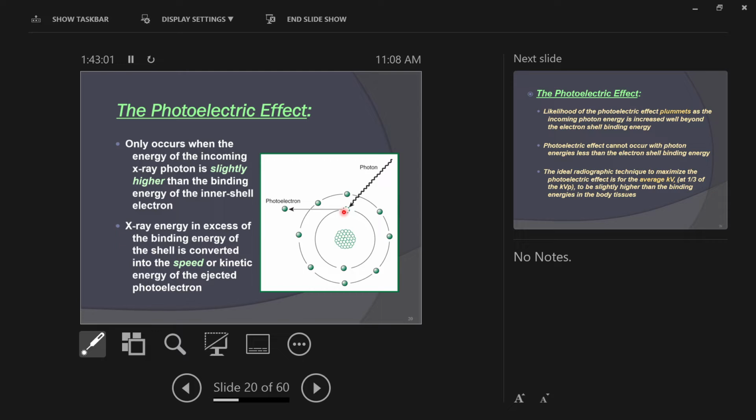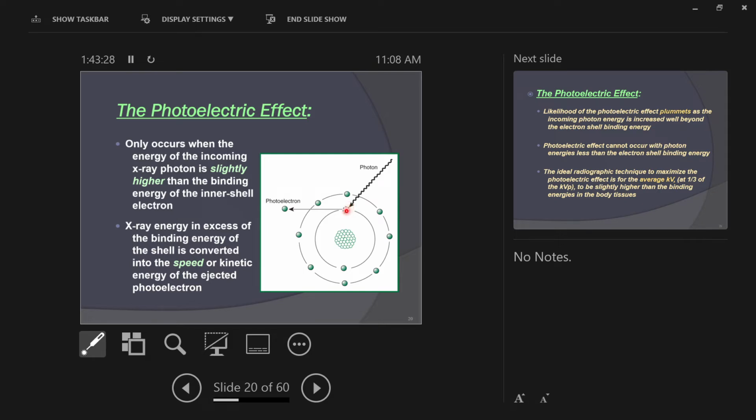Okay, that means the incoming photon has to have 40 keV worth of energy or more, right? If it has a lot more, like 80 keV worth of energy, then it's more likely that the photon coming in would eject the electron and still keep going on its merry way, as a new photon, which is an interaction we'll get to talk about in a moment.